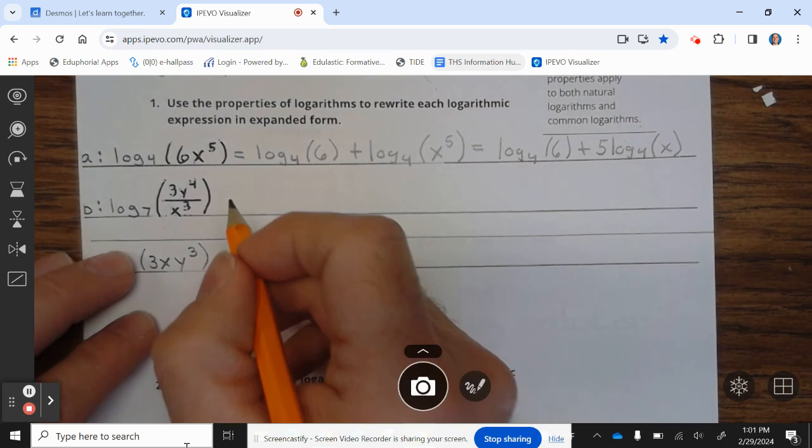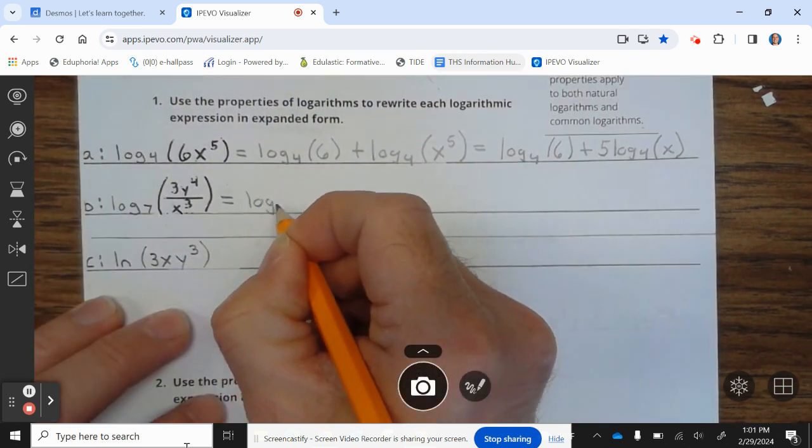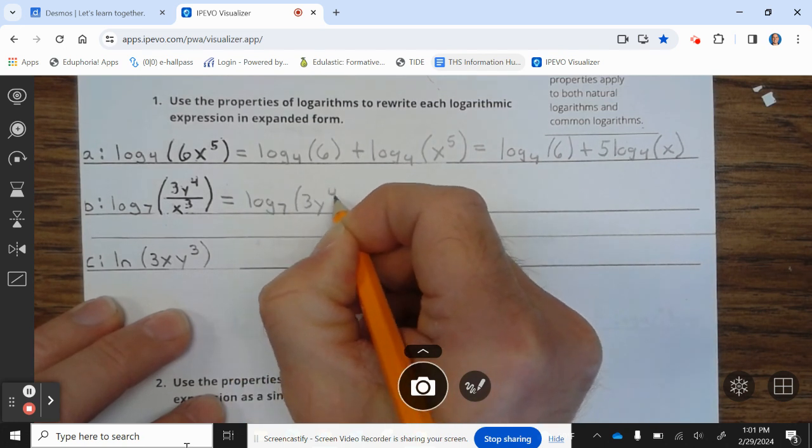All right, let's take a look at B. All right, this becomes log base 7 of 3y to the 4th. Oh, I'm sorry.